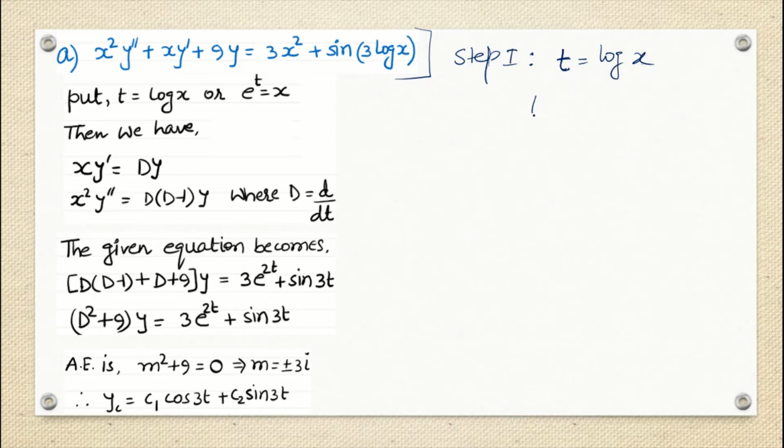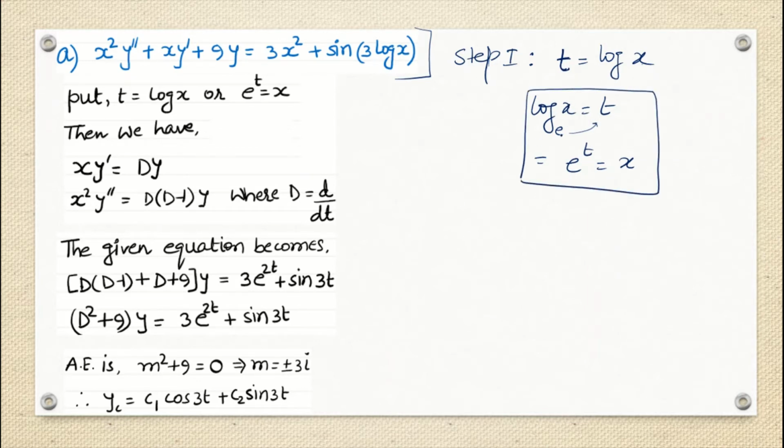If I'm writing log x equals t, that means log x base e equals t. Or you can write, you know how to convert it, right? e to the power t equals x. This is the same as this. So log x base e equals t is nothing but e to the power t equals x. This is my step number 1.